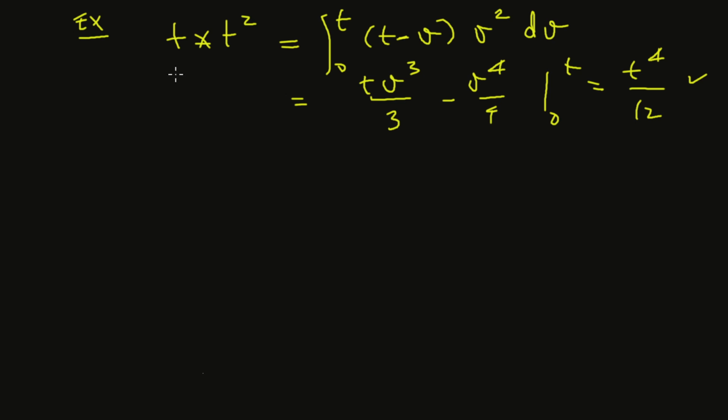So the convolution of t with t squared is actually t to the 4th divided by 12, right? If it were multiplication, it would be t cubed, but it's not multiplication.